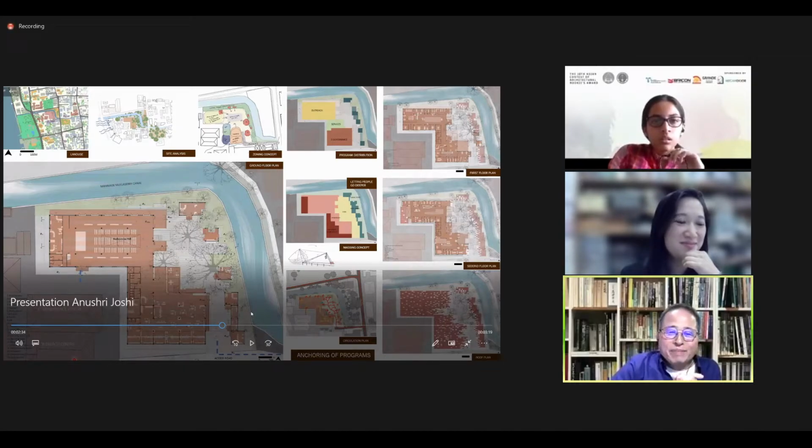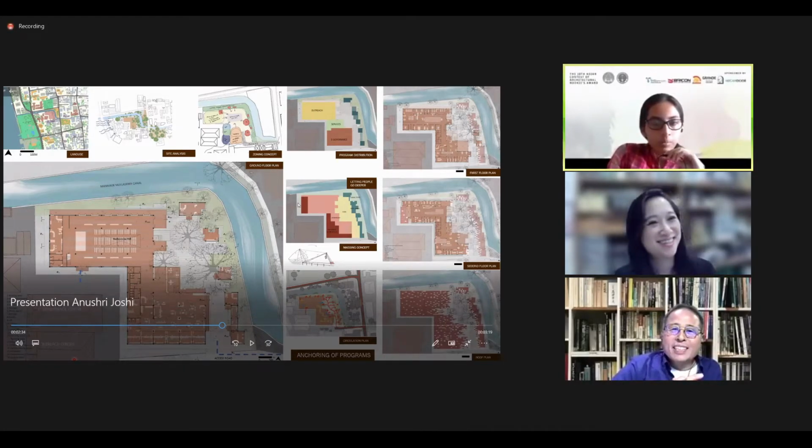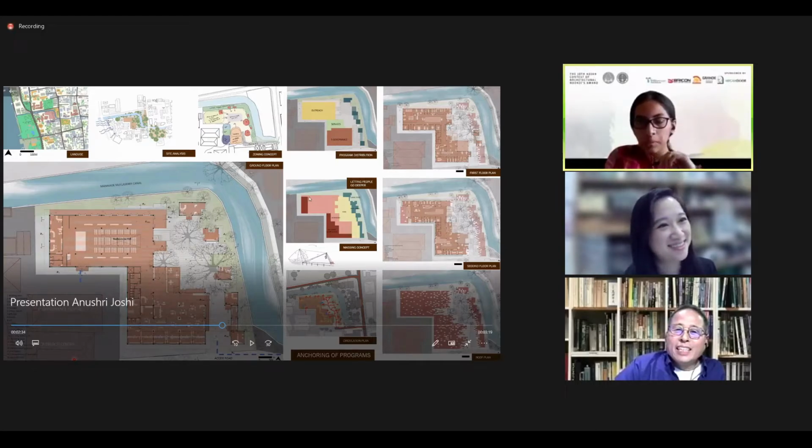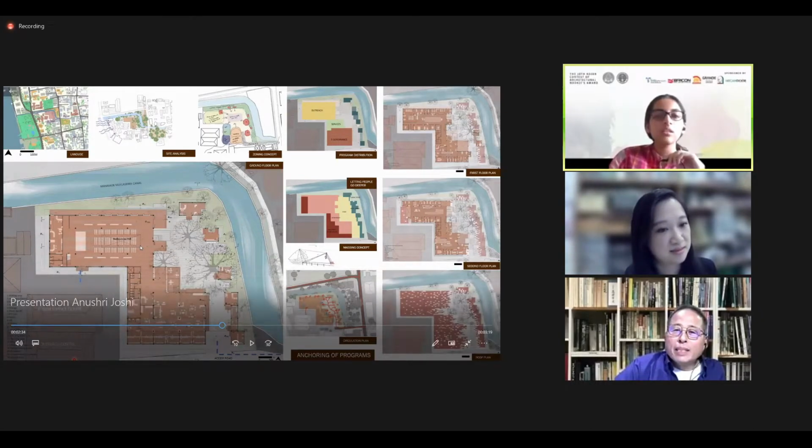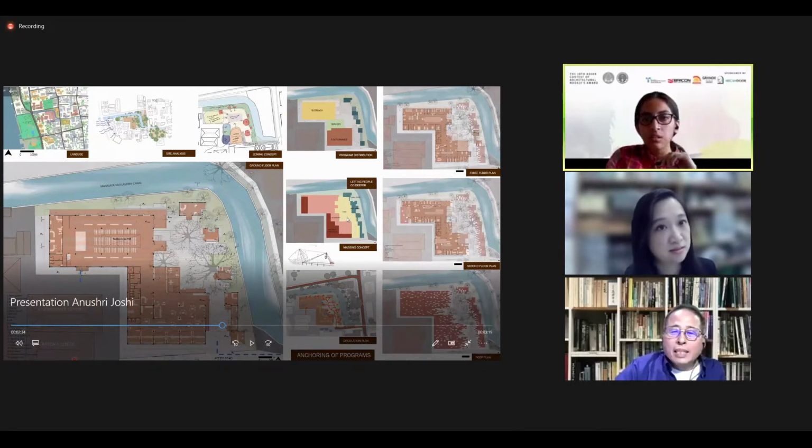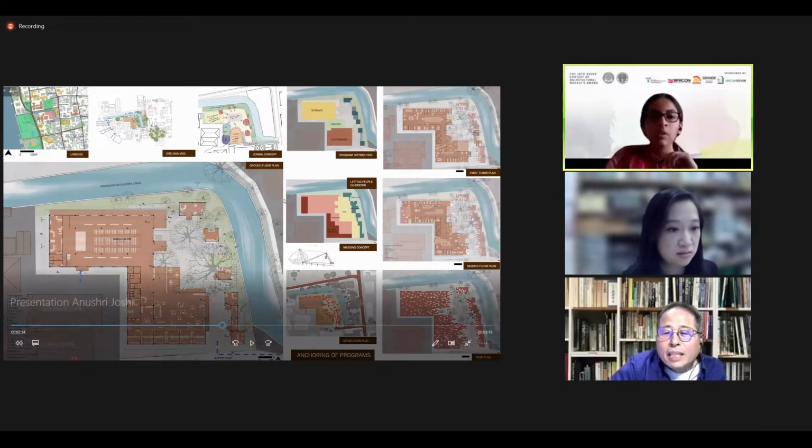How do you think? Okay, so the first thing is basically the plan, even though it looks like blocks right now. The way it is designed, if you look at the massing concept, it actually starts opening up as you go towards the courtyard. These are the offices which happen along the edges, then it's more like a veranda which runs along it.